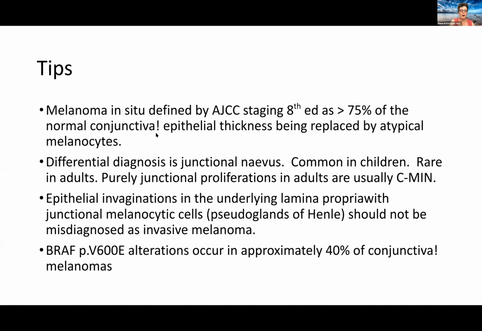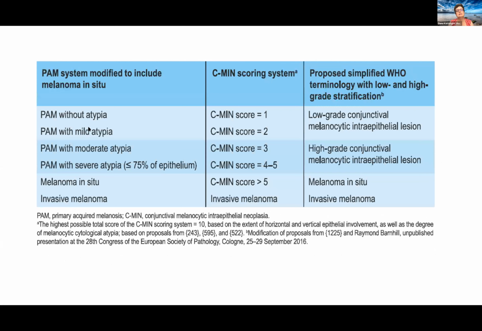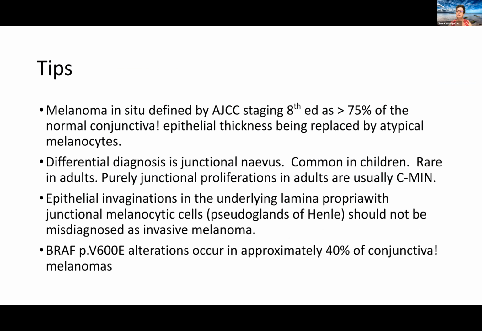So if we go back, I'm just having trouble with the back button here. How does that match up with this? In fact, it does match up well with this. So more than 75%, it fits into this melanoma in situ thing. So that's a key point. I think you can probably remember if it's more than 75% thickness, it's usually associated with marked atypia and will be in that melanoma in situ.